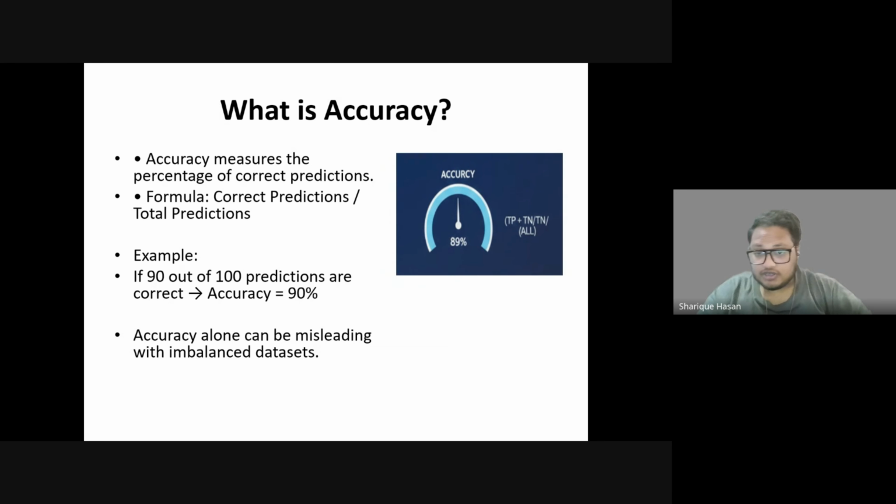what is accuracy? Accuracy is the measured percentage of correct predictions: out of the total number of predictions, how many are correct. For example, if 90 out of 100 predictions are correct, then the accuracy will be 90%. Suppose I ask an ML model to predict how many times I'm going to do well in these exams.